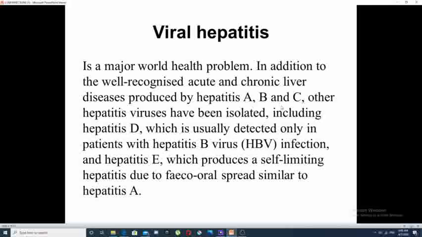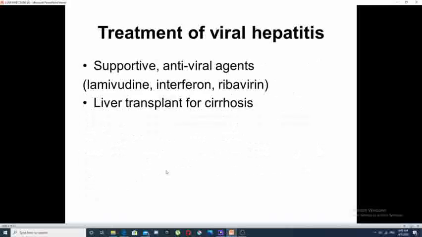Another type of viral hepatitis is mainly supportive treatment with antiviral agents like interferon, ribavirin, and in cases of chronic liver disorders like liver cirrhosis due to hepatitis, here patient may require liver transplant.